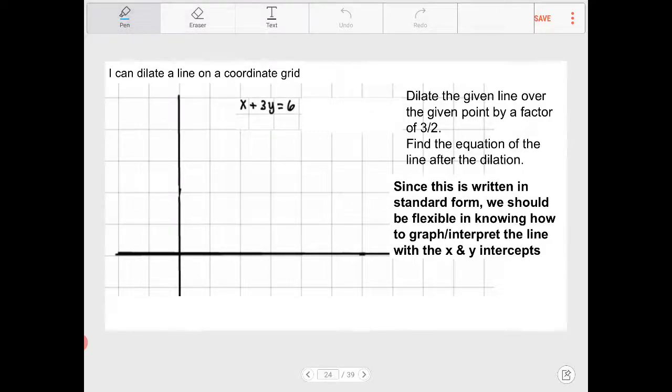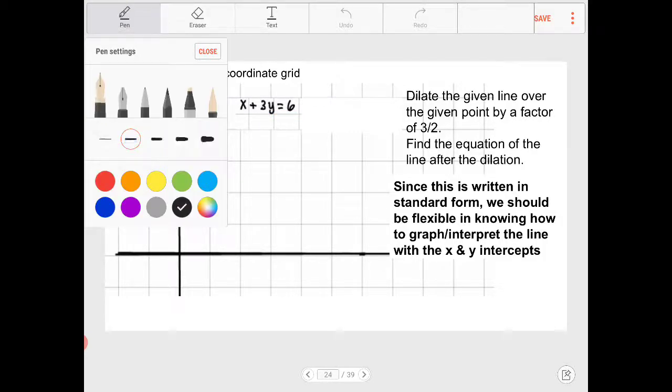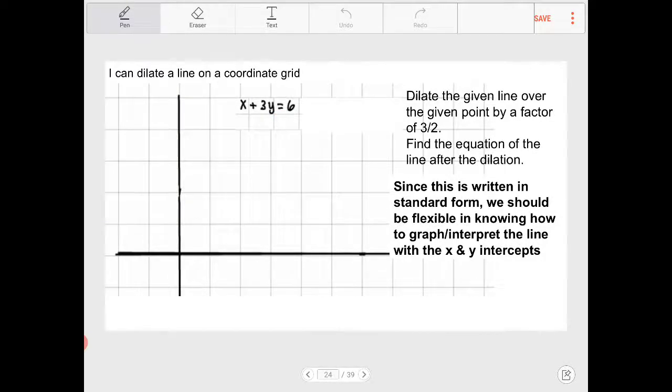At the y-intercept, the x-coordinate must be 0, isn't that right? So if x was 0, then that means the y-coordinate on the y-axis must be positive 2. The x-intercept, the y-coordinate must be 0, right?